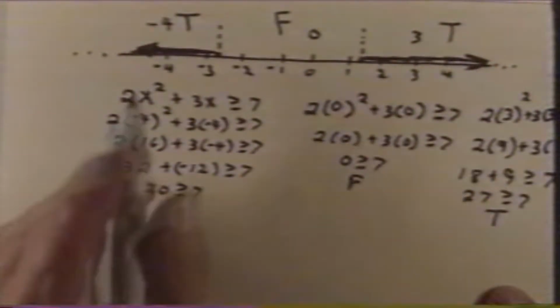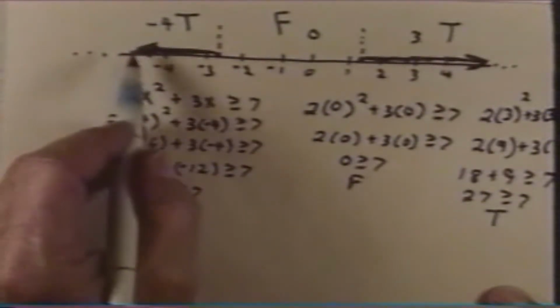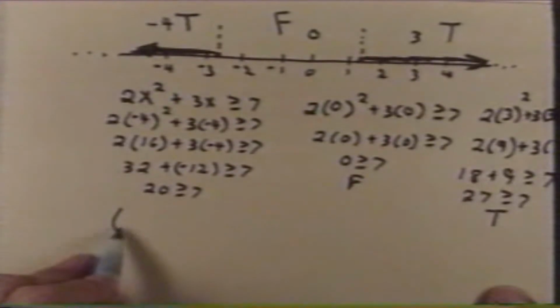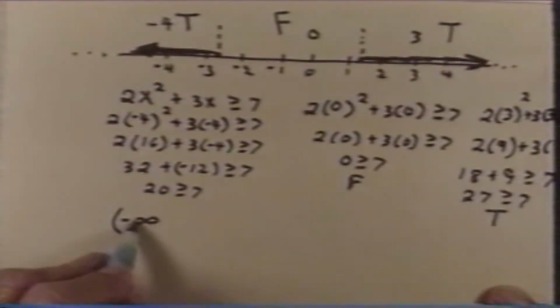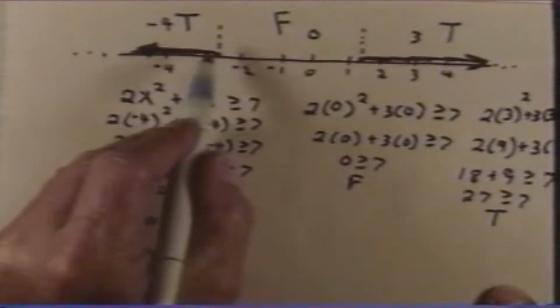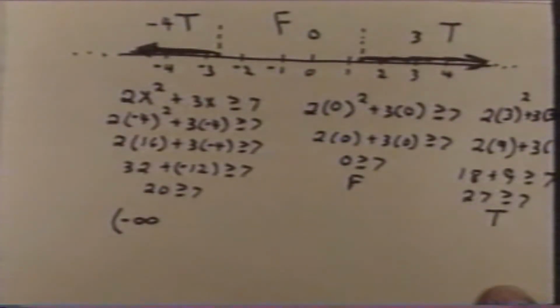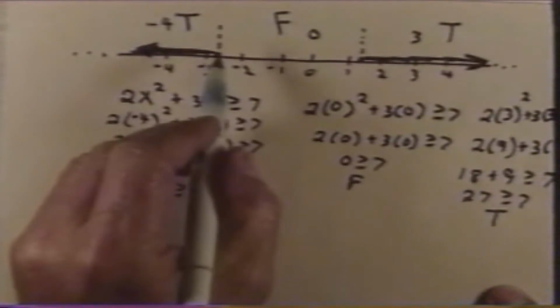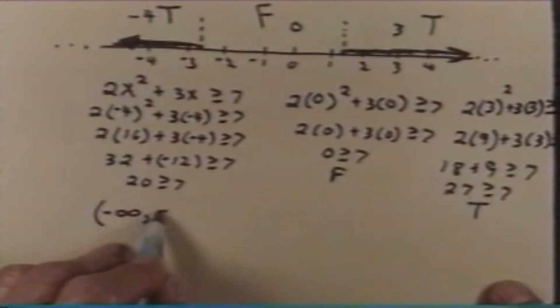Now, how can I show this using the notation? For this region, I start at negative infinity. So it goes in the negative direction forever. That's what negative infinity shows. Up to this point. Now, that point was negative 2.77.